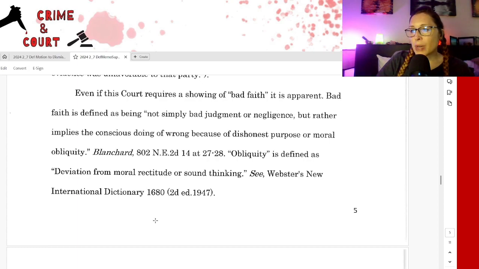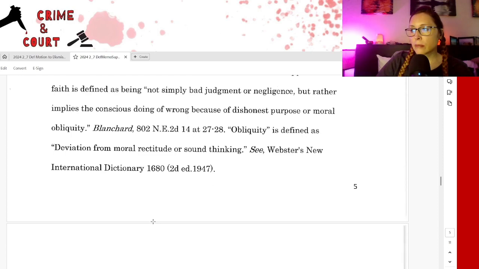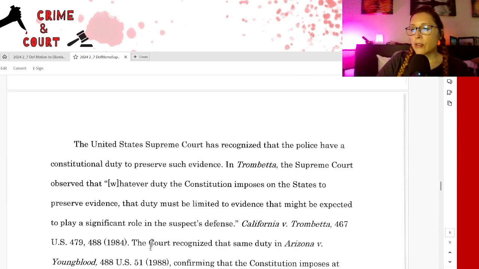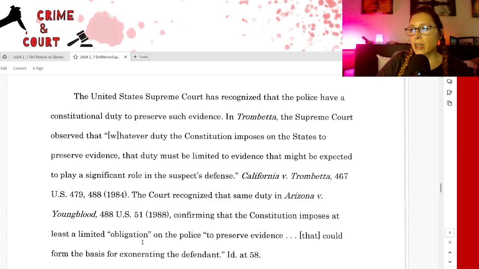Deviation from moral rectitude and sound thinking. The United States Supreme Court has recognized that the police have a constitutional duty to preserve such evidence. In Trombetta, the Supreme Court observed that whatever duty the Constitution imposes on the states to preserve evidence, that duty must be limited to evidence that might be expected to play a significant role in the suspect's defense.